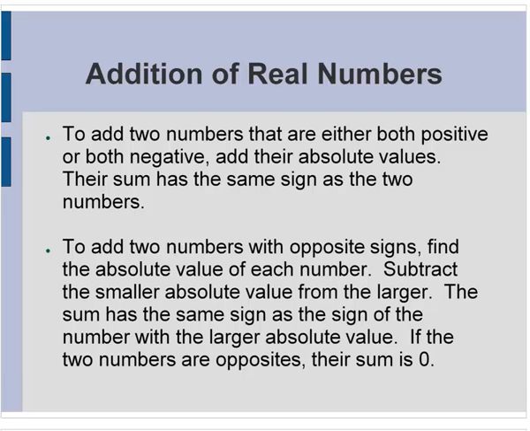To add two numbers with opposite signs, find the absolute value of the numbers, and subtract the smaller absolute value from the larger. The sum will have the same sign as the number with the larger absolute value. And again, if the two numbers are opposites, their sum is 0. So if we have different signs, we keep the sign of the larger number and we take the difference of the numbers.